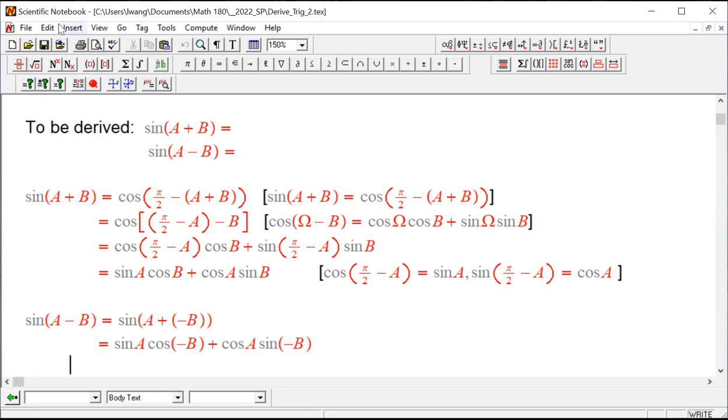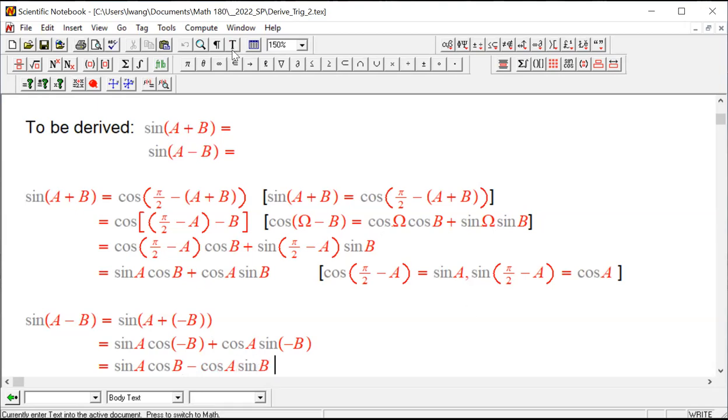Then we use even-odd functions one more time. Cosine negative b is cosine b because cosine is an even function, so sine a cosine b. Sine negative b is negative sine b, so this is minus cosine a sine b.